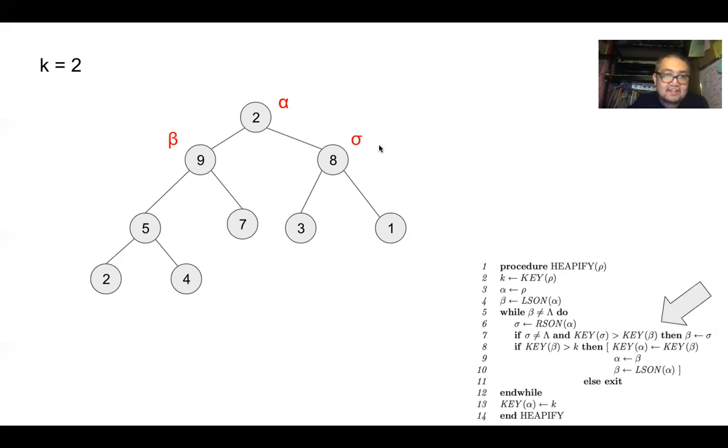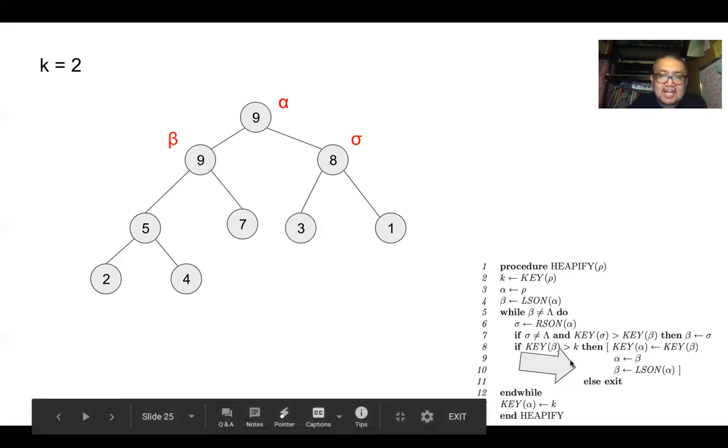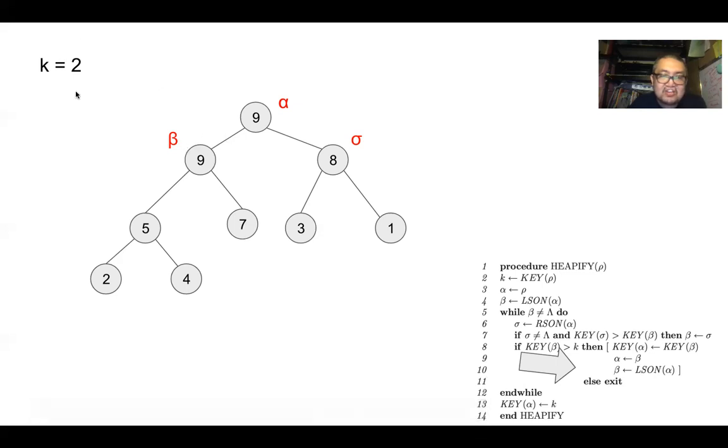What will we do next? If the key of beta, if the value of this is greater than k, then we will assign the key of alpha, so the value here, to contain the value of the key of beta.